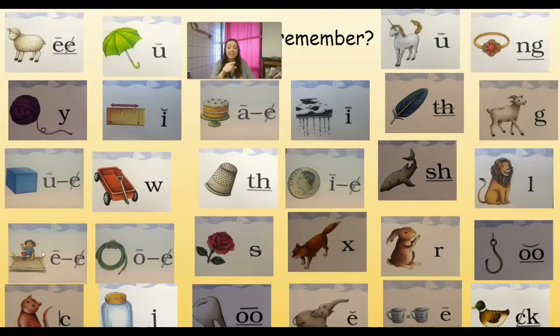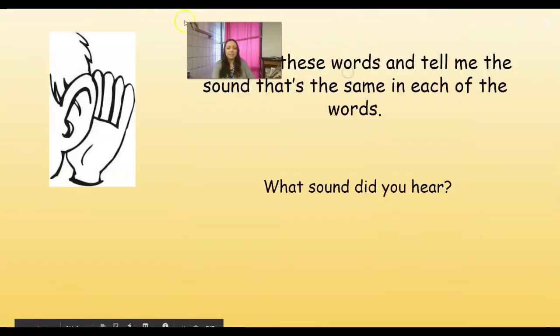Cat, C. Jar, J. Tooth, digraph OO. Elephant, E. Equal, E. Duck, K, digraph CK. Very good.